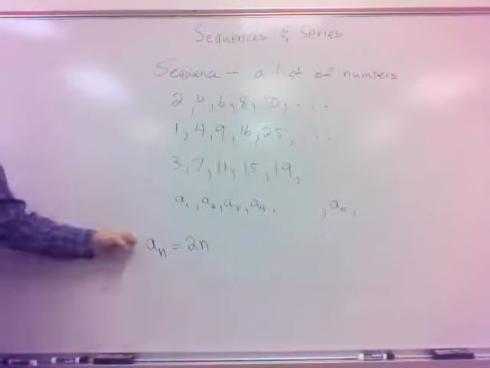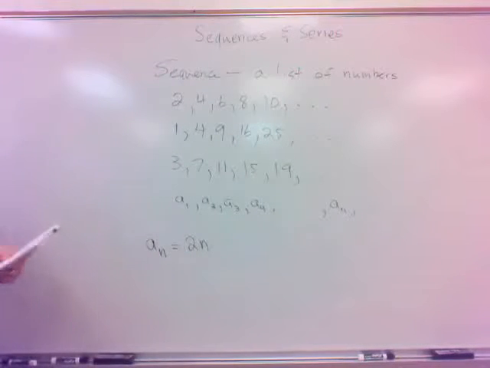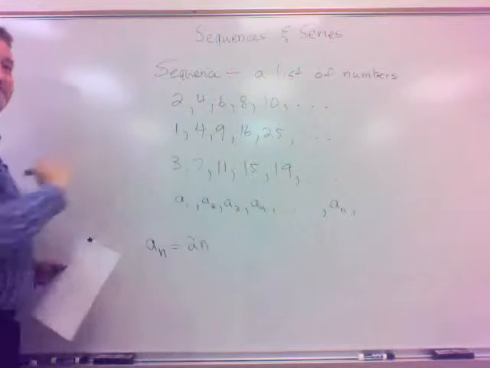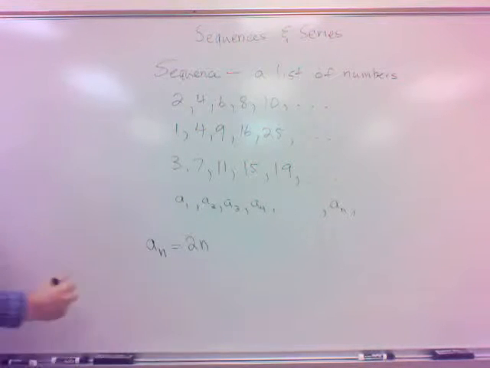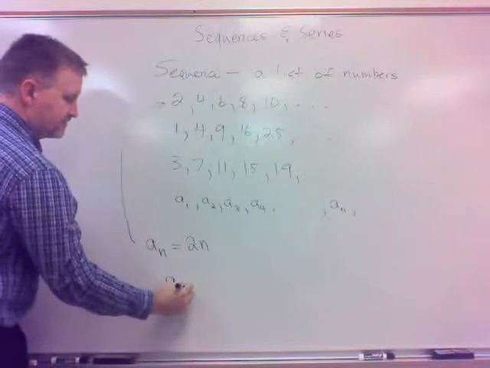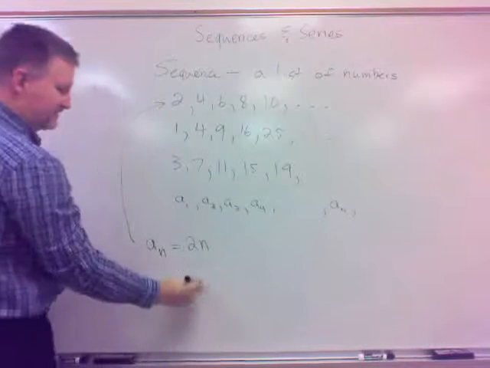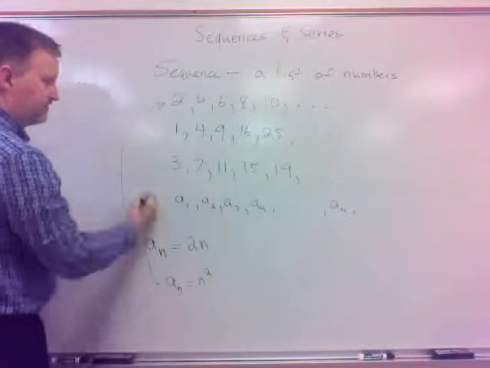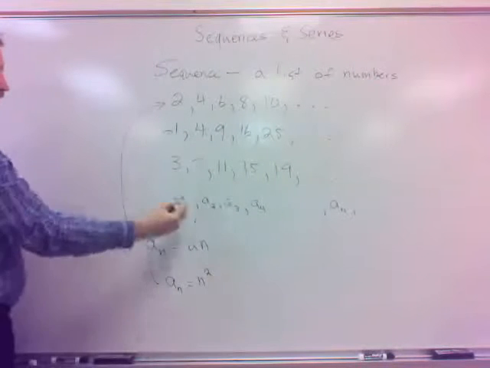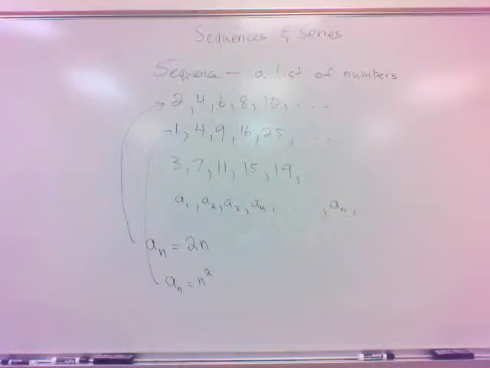That's another way that we'll see sequences. So what would a sub n be for the second one? If those are the squares, wouldn't it be n squared? Yeah, 1 squared, 2 squared, 3 squared would generate that sequence right there. All right?